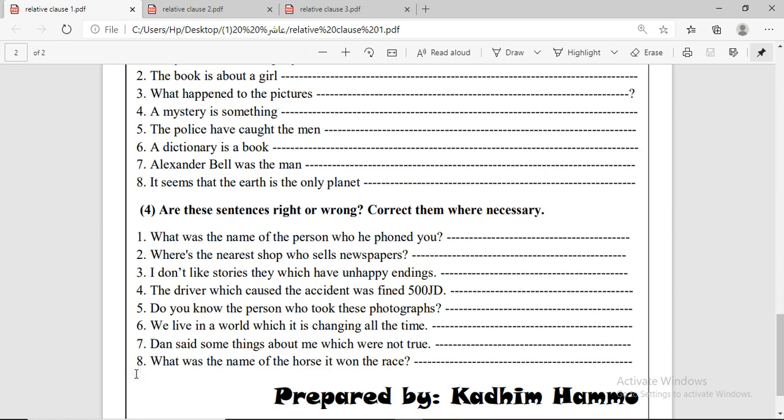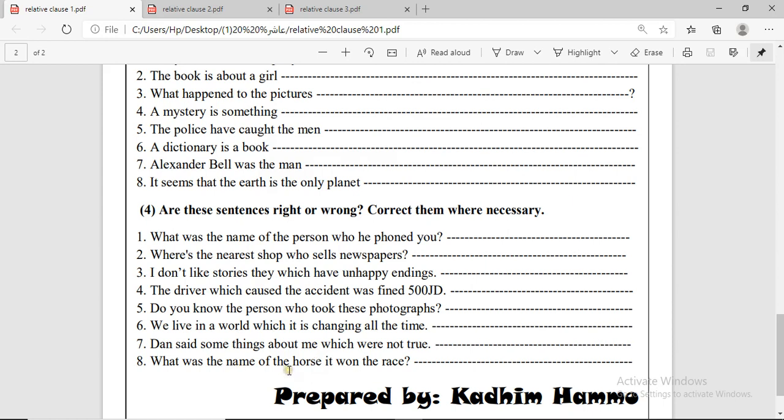Number 8. What was the name of the horse it won the race? Where is the relative pronoun here? It is missing. So, what was the name of the horse? Who or which?